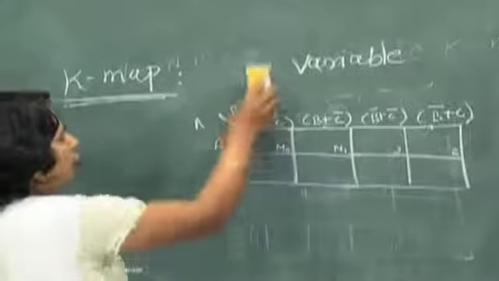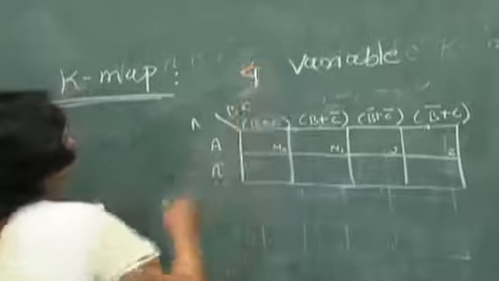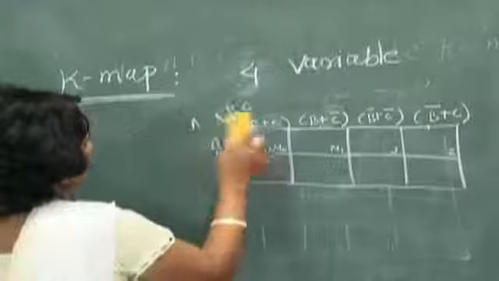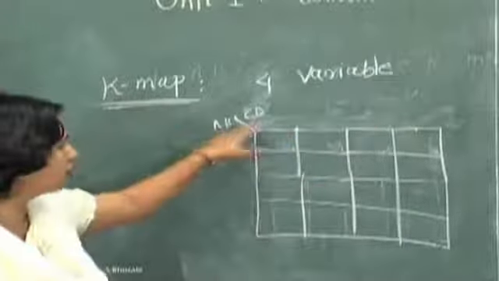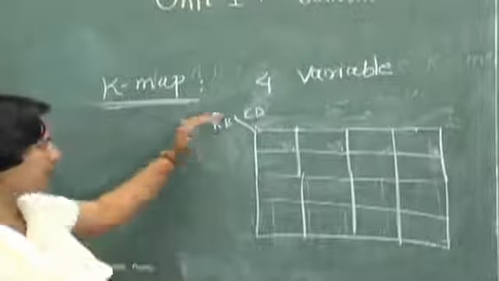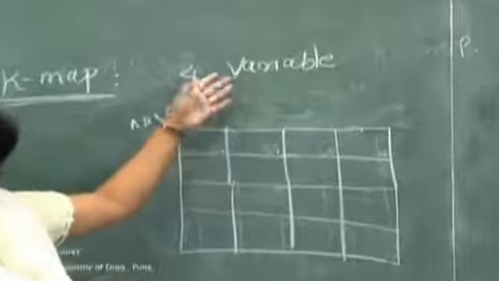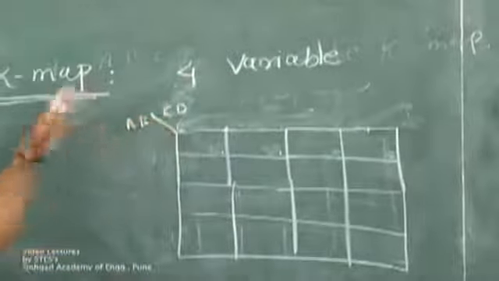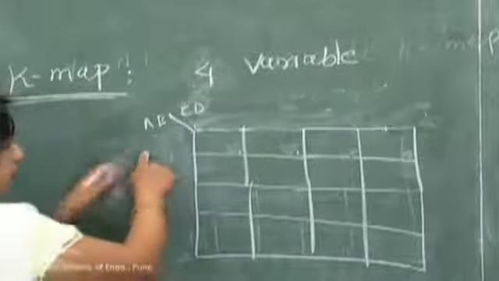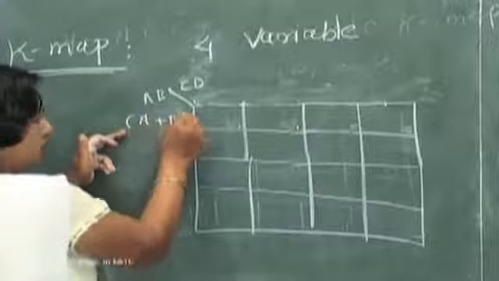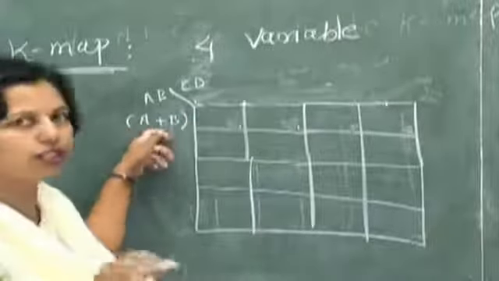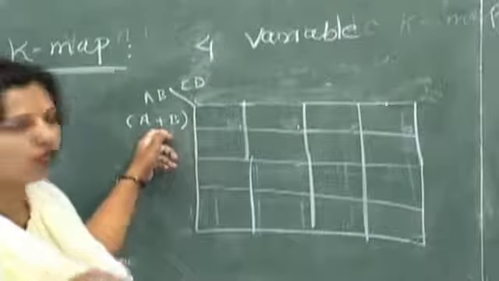Now we'll go for the 4 variable K-map for the standard POS form. We have taken a total of 4 literals. Let us relate this POS form with the standard SOP form K-map. Vertically it was A bar B bar, so it will be written as A plus B. We have already discussed that POS is always in the complement form of the SOP form.